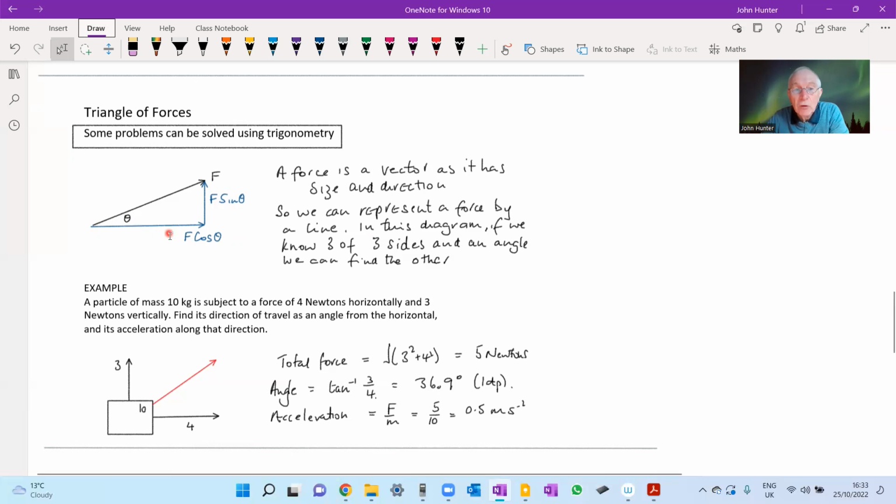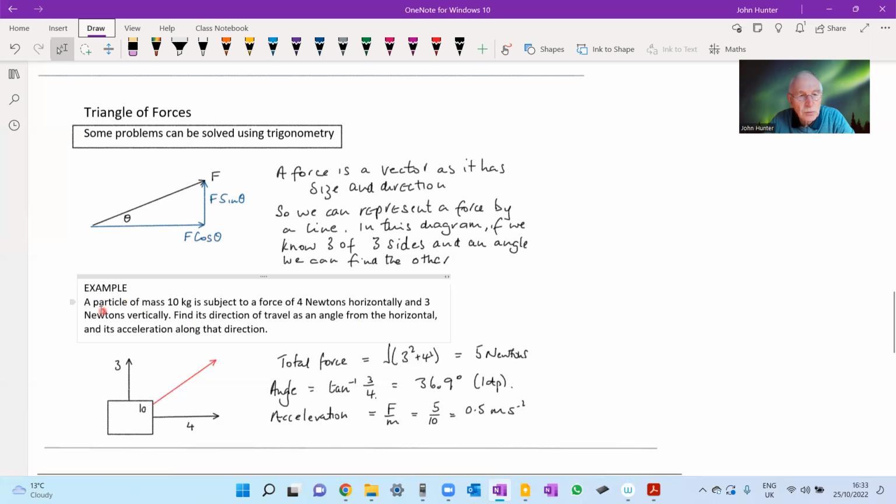So it would be the square root of F sine theta all squared plus F cos theta all squared. We can factorize our F out of that, and then sine squared theta plus cos squared theta equals 1. So we're just left with F. So that's the force F there. Okay, so that's quite useful in some circumstances.